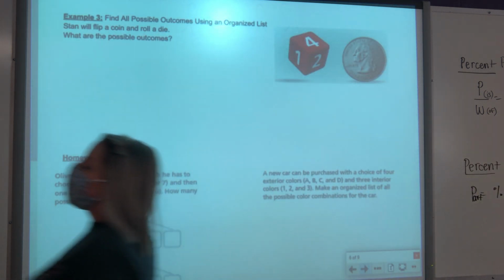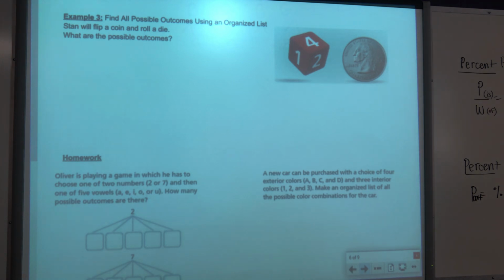All right, so here's another example of a compound event. Rolling a dice, and then flipping a coin. How many possible outcomes are there on the dice, or number cube? 6. How many possible outcomes are there on the coin? 2. How many total possible outcomes are there going to be in the event? 12.